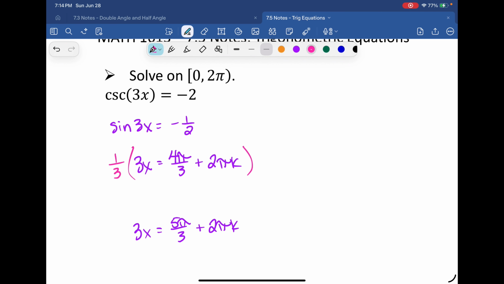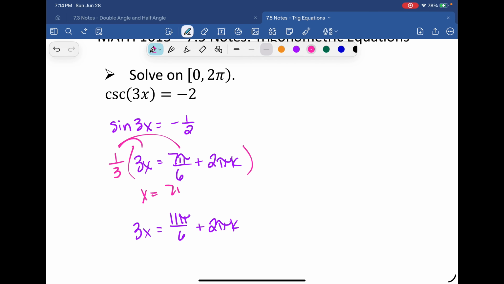Tell me why I said 4 pi over 3. This is going to be not 4 pi over 3. Give me my eraser. It's going to be over 6. This would be, let's see, 7 pi over 6 and 11 pi over 6. Okay, I fixed it. Distribute.